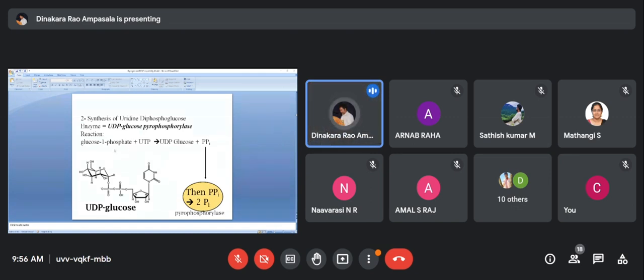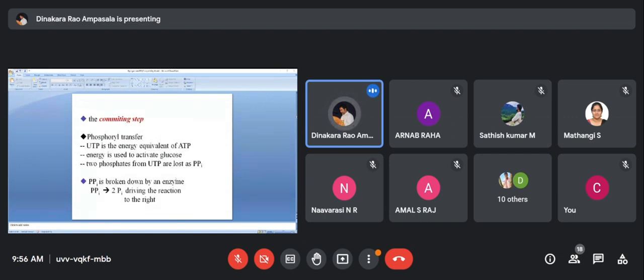This pyrophosphate is broken down by pyrophosphatase, breaking the squiggle bond between the two phosphates, so inorganic phosphate enters the inorganic phosphate pool. This is not important here. What is important is the conversion to UDP glucose, the important substrate, the activated glucose molecule for synthesis of glycogen. This step is the conversion of glucose 1-phosphate to UDP glucose.